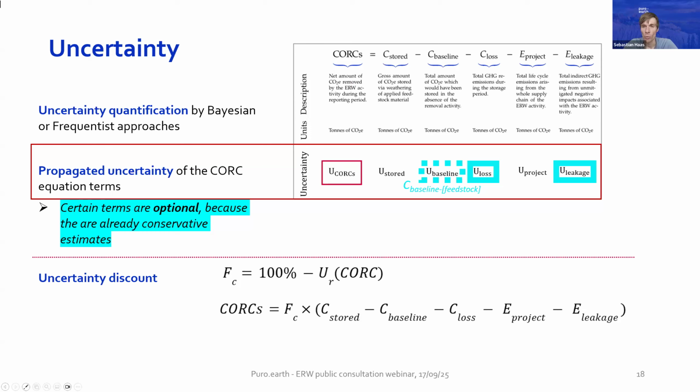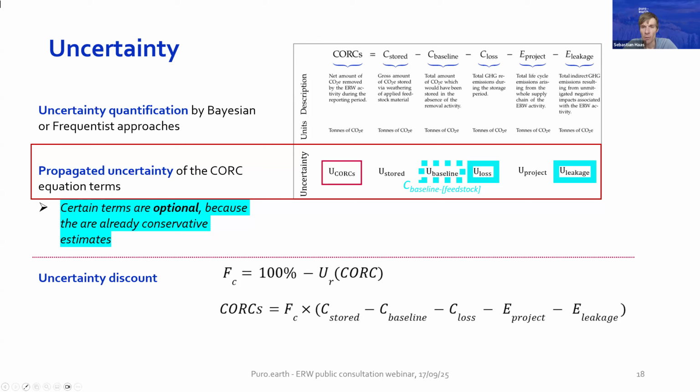And so we want to encourage the market and the public to have trust in the outcome of CDR quantification in ERW through this methodology, and to really have trust that one CORC equals one ton of CO2 removed.